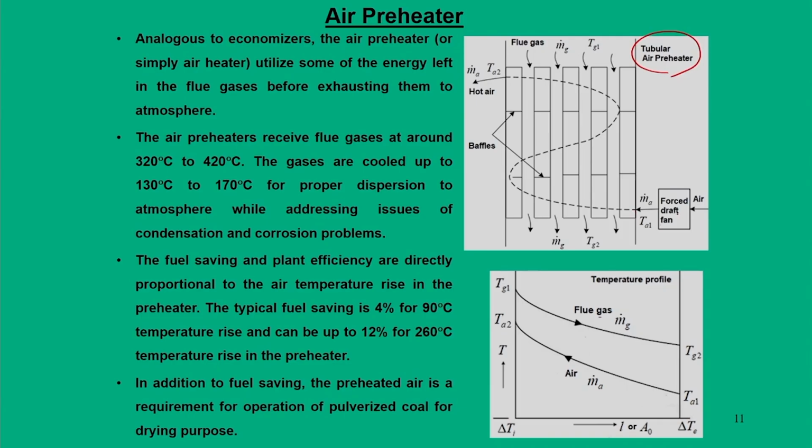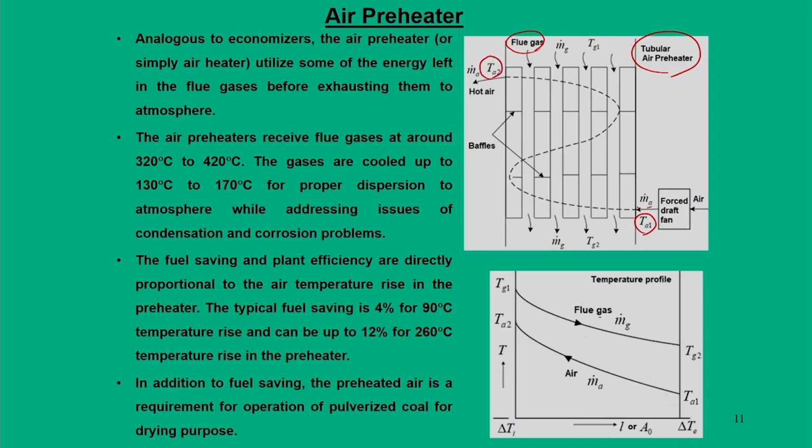Basically, the tubular heater means that we have tubes which allow the flue gas to pass through them, and for better circulation, the passage of air is made in such a way that the air gets maximum interaction with the flue gases to enhance its temperature from TA1 to TA2.